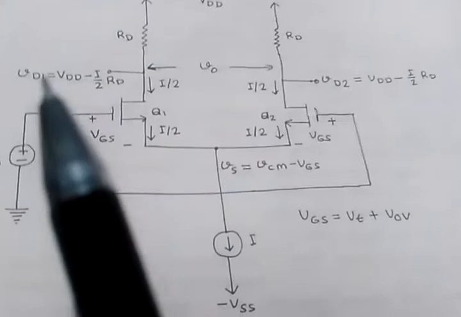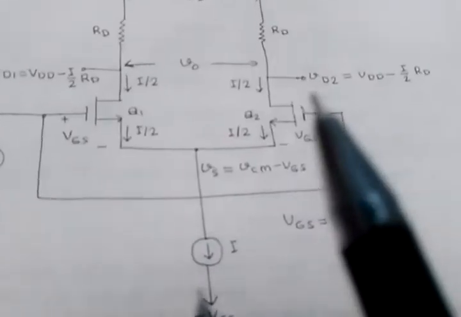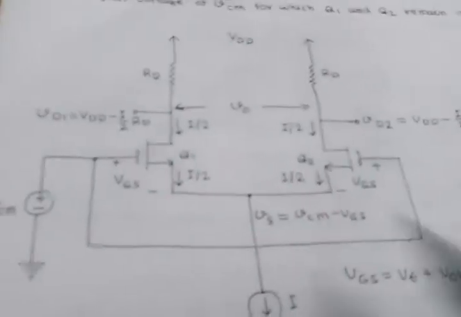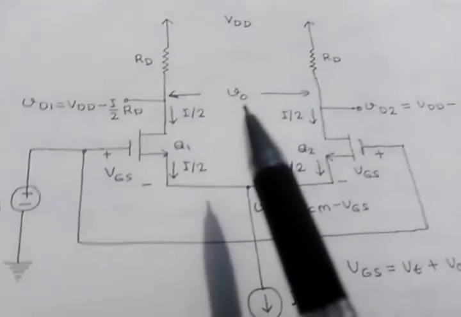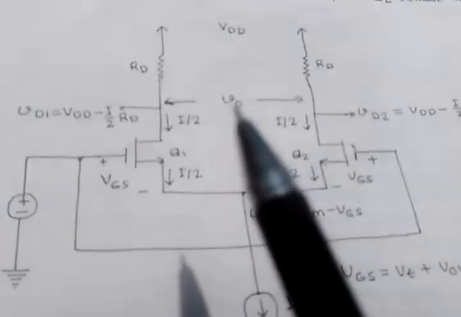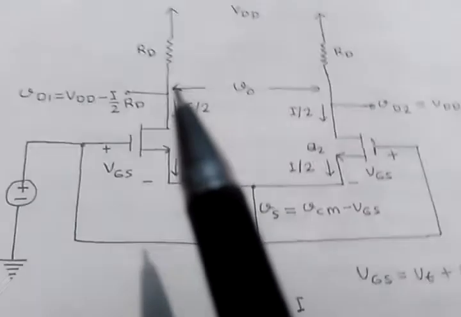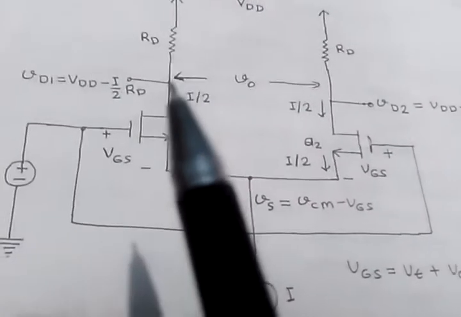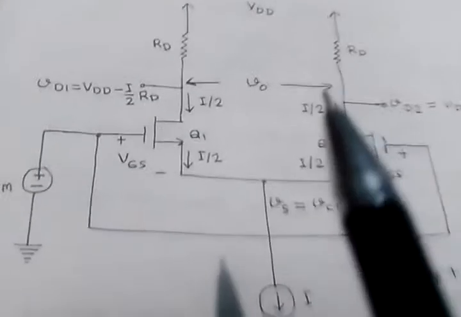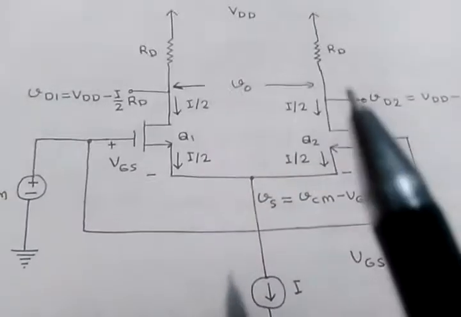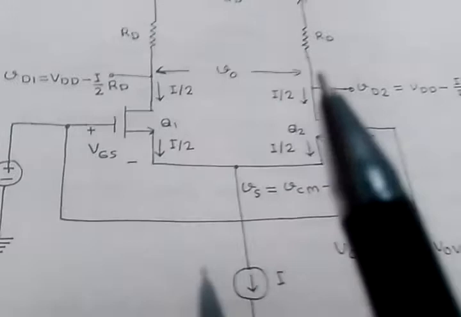Now, since VD1 and VD2 both are same, so output VO, which is VD2 minus VD1, or we can take VD1 minus VD2 will be 0 because the drain voltage of both Q1 and Q2 are same, so output will be 0.